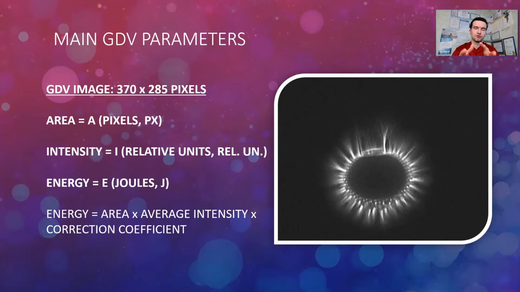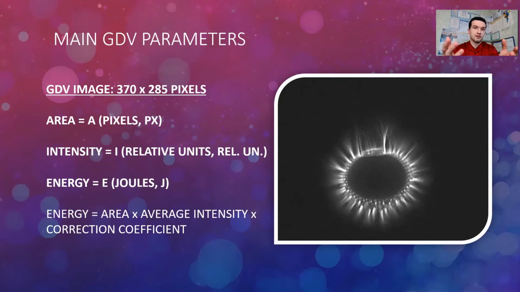Of course, to transform these relative units to joules of energy, we need to use a specific correction coefficient, transferring from the joules of the absorbed light to these relative units of intensity, so that we know that if the pixel is 200 relative units, it means this amount of joules of absorbed light.